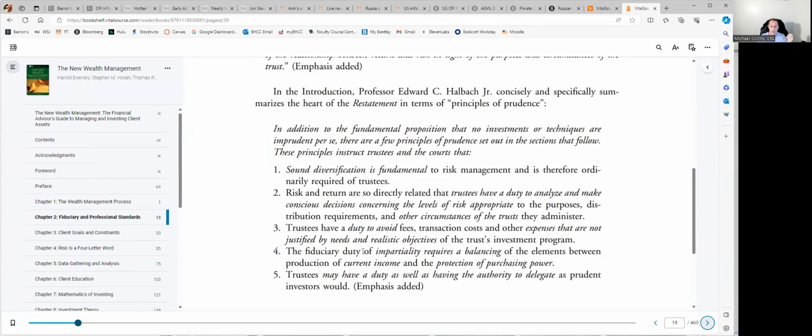Fiduciary duty has the duty of impartiality, requires a balancing of elements between production of current income and protection of purchasing power. And then trustees may have the duty as well of having the authority to delegate. So, we want to invest in emerging markets. So I'll hire an emerging markets manager or a mutual fund to do that work for me because maybe I'm not qualified to pick stocks in that market.